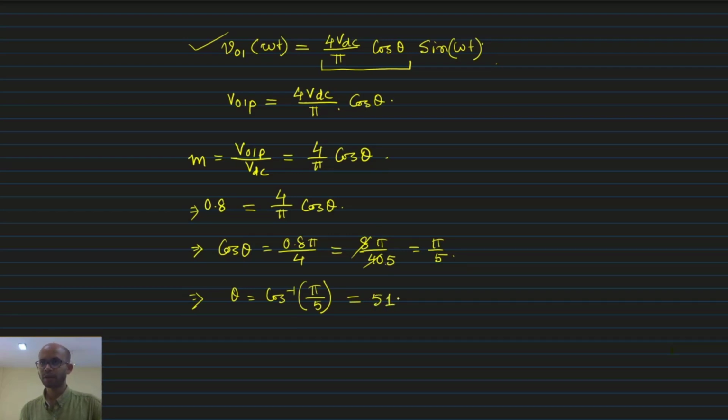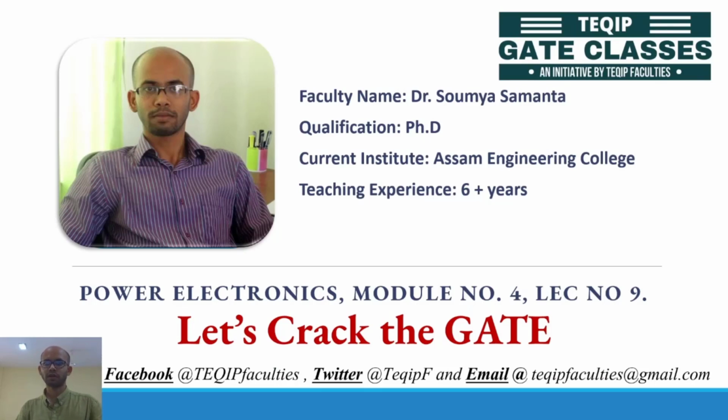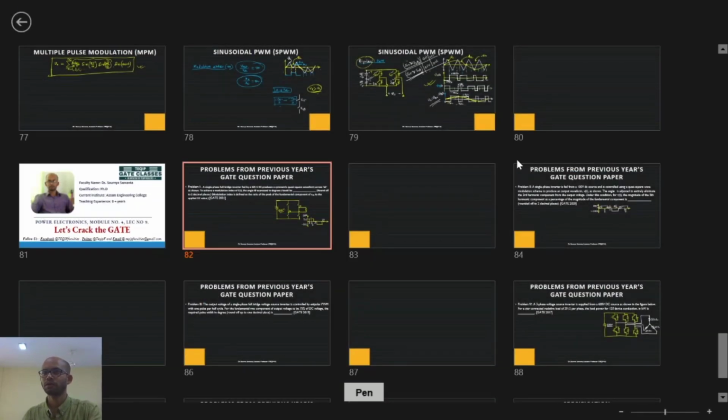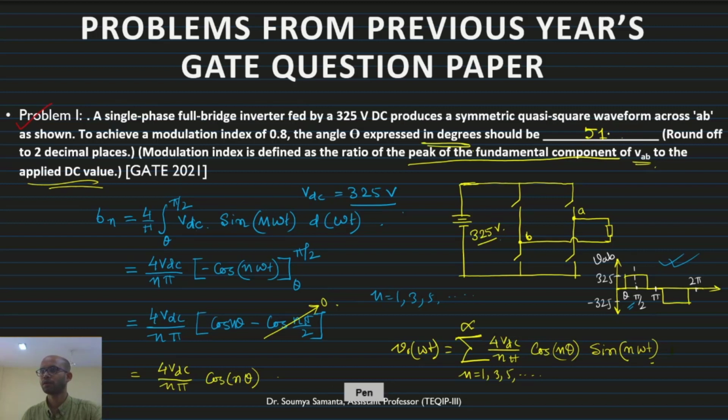In approximation I am considering 51 degrees. Since the answer is asked in degrees, it should be 51 degrees, or 51.07 if two decimal places are asked. So problem 1 is solved.